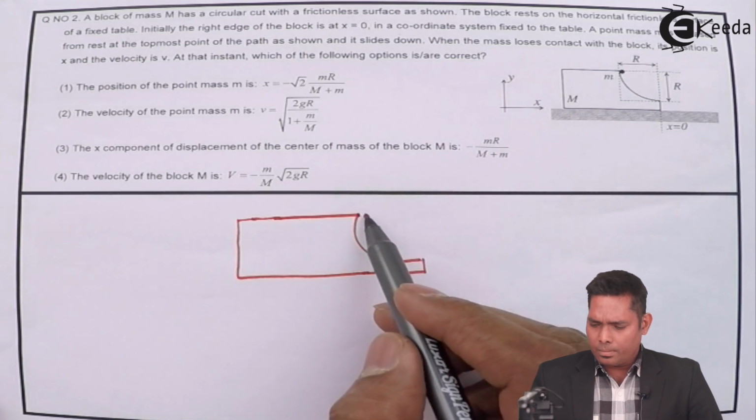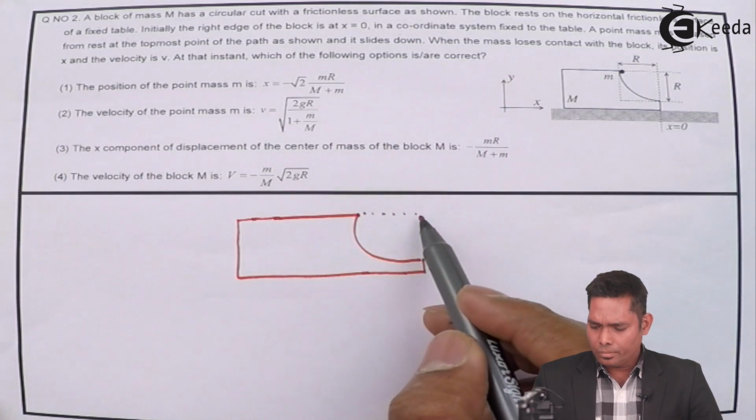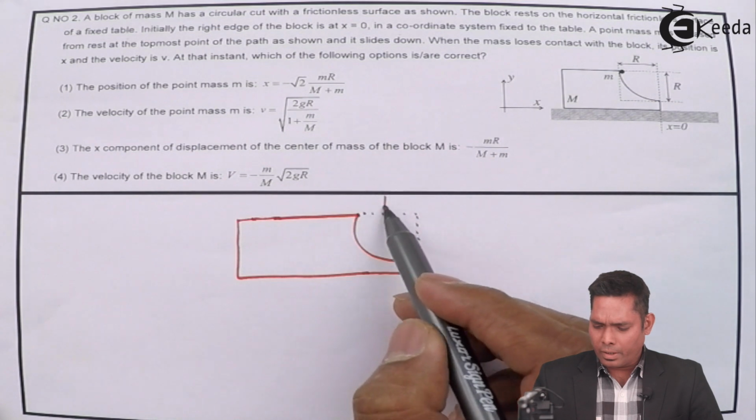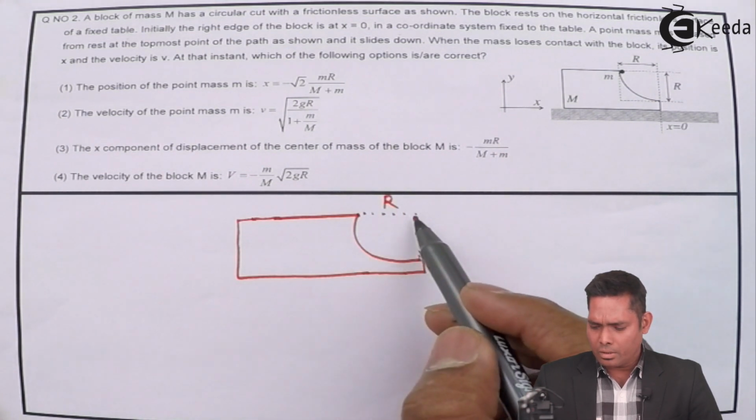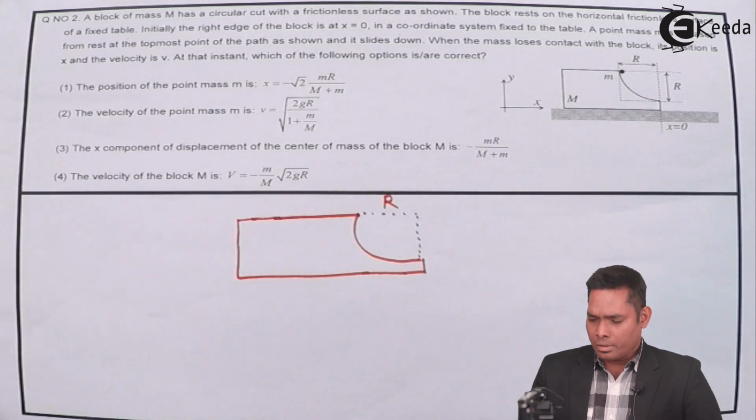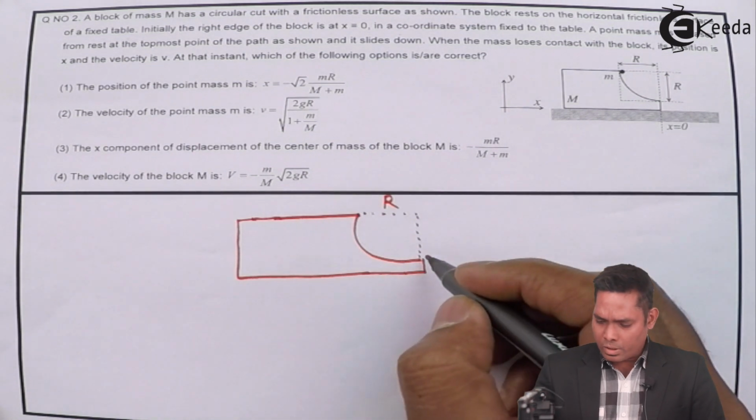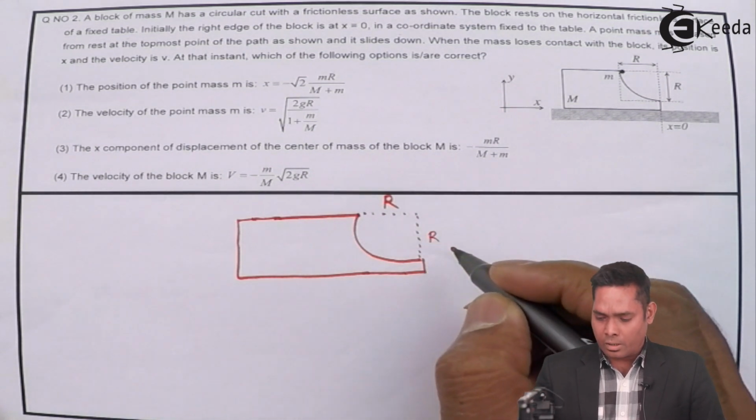This is having radius r. So this is r. A circular cut is made there. So obviously from here to here also it is r.